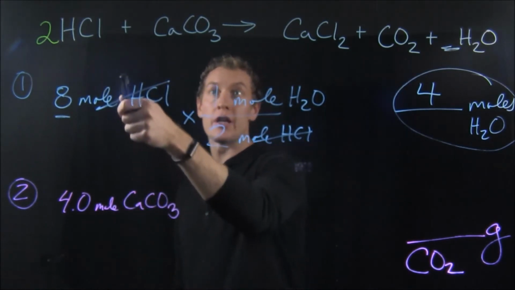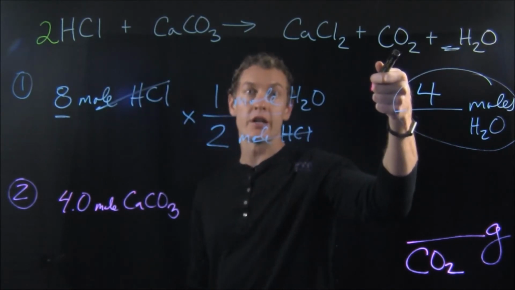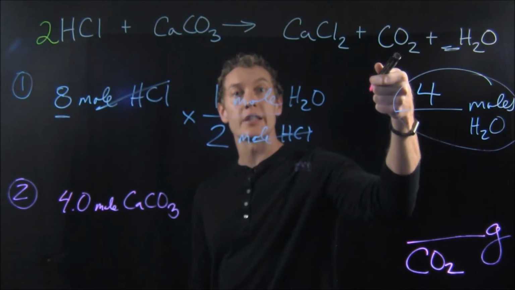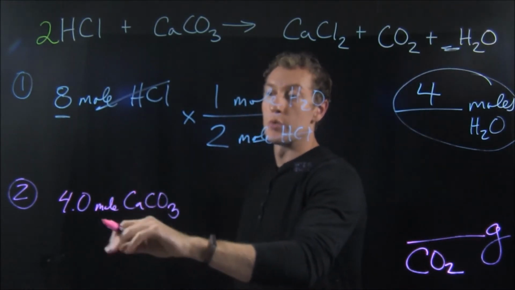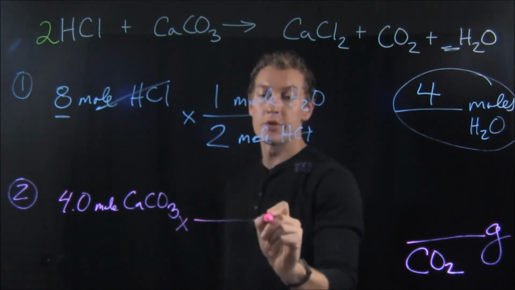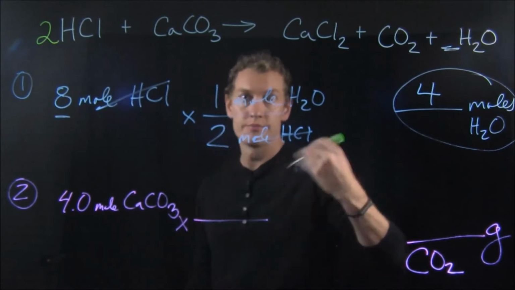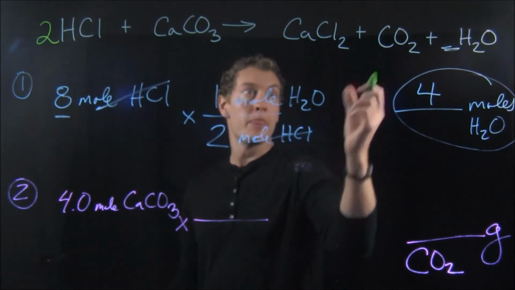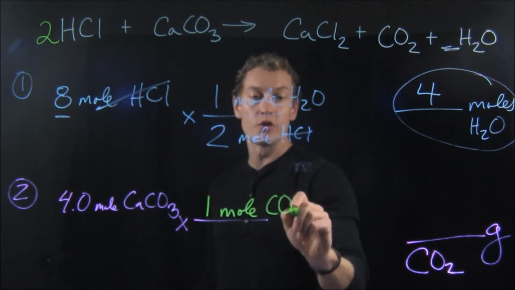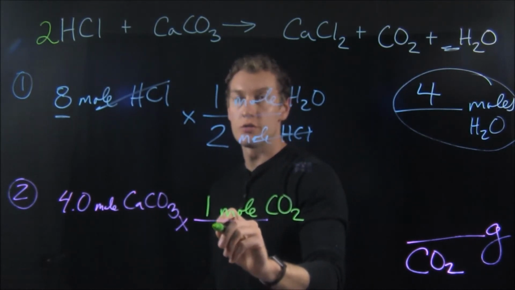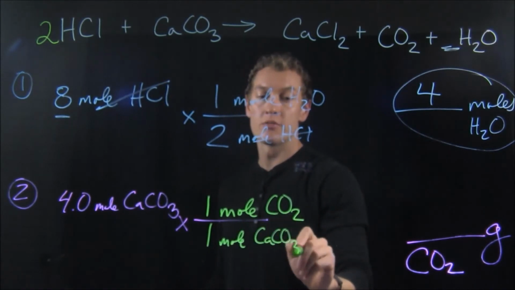Moles of calcium carbonate are directly related to moles of carbon dioxide. Then once I get moles of carbon dioxide, I can convert that to grams of carbon dioxide. So we'll take moles times 1 mole of CO2 for every 1 mole of calcium carbonate.